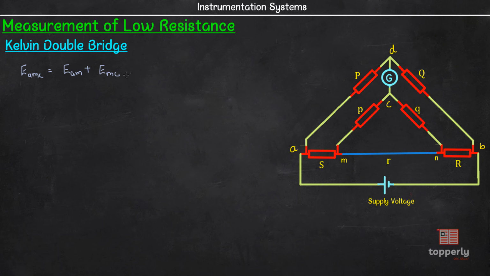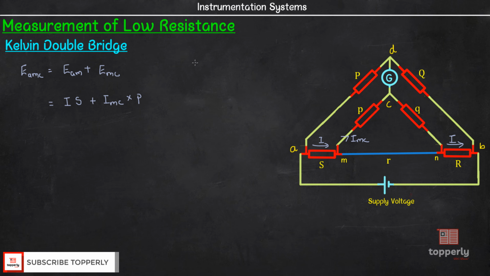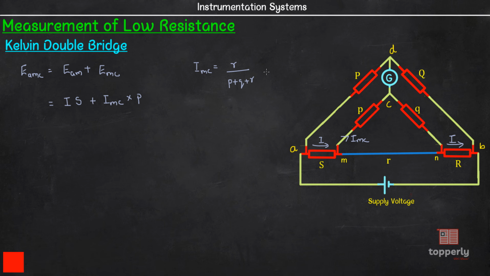EAM is given by I into S, and EMC is given by, if current through this branch is IMC, we have IMC into small p, and we know that the current through this branch is I and current through this resistor is also I. So using current division rule we can write IMC is equal to R by small p plus small q plus R into I, and substituting this IMC over here we get I into S plus I into R p by p plus q plus R, and let us take I common.